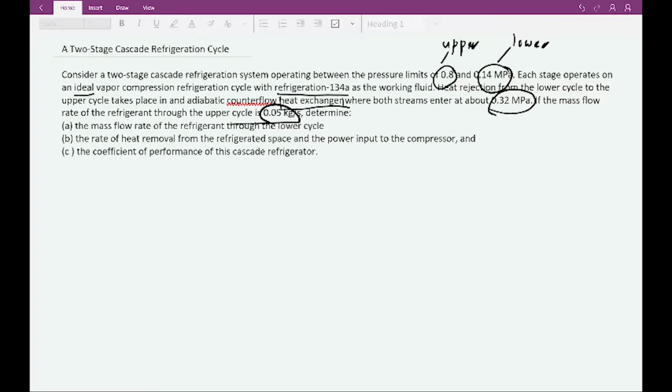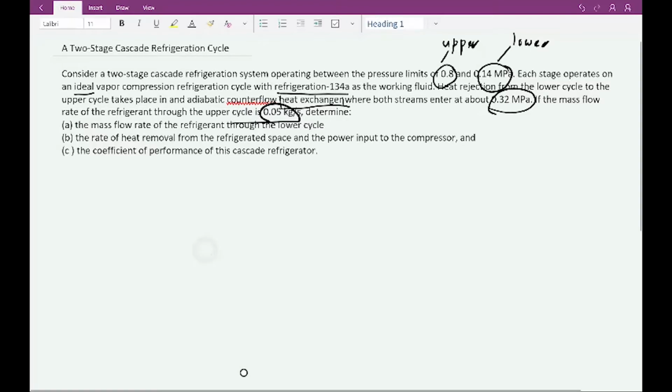Right, so I'm going to write the upper limit of the cycle, 0.8 megapascal. This is the highest pressure inside your cycle, where it operates in your condenser.